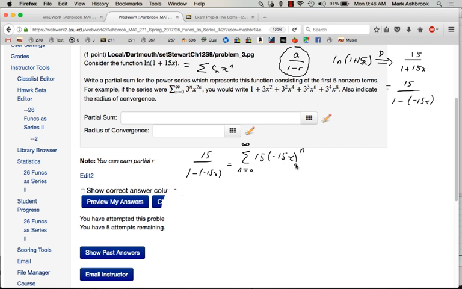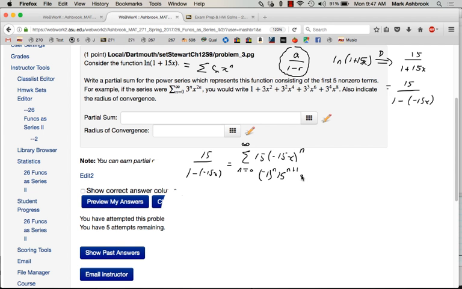And so what is this? We've got a negative, so in all here we've got negative 1 to the n, right? Negative 1 to the n. We've got how many 15s? So we have negative 1 to the n, and then we have n 15s plus 1 more 15, so that's 15 to the n plus 1.